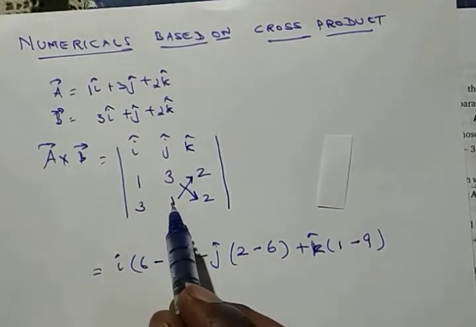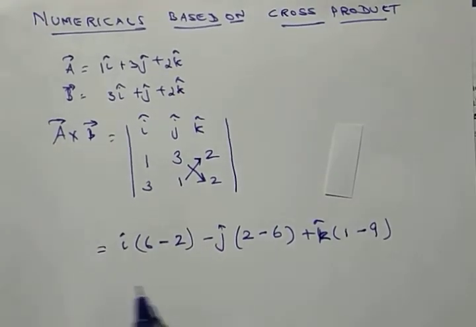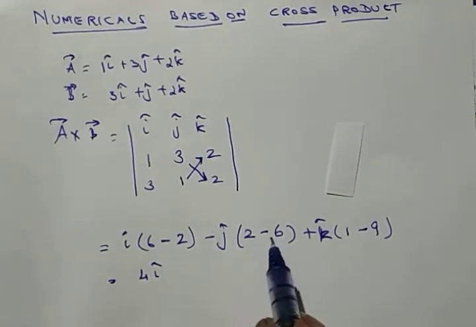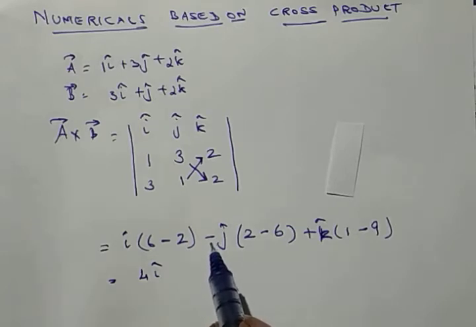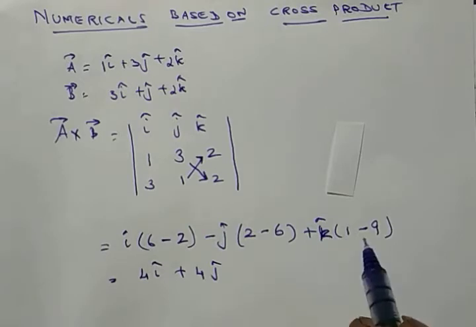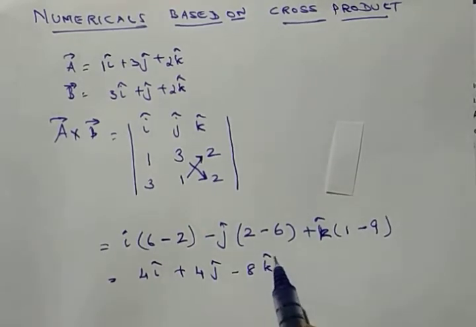Multiply this minus the other multiplication. So 1 minus 9. So you get 4 i cap. Here it will become minus 4, and then there's another minus here, so it becomes 4 j cap, and this one is going to be minus 8 k cap.